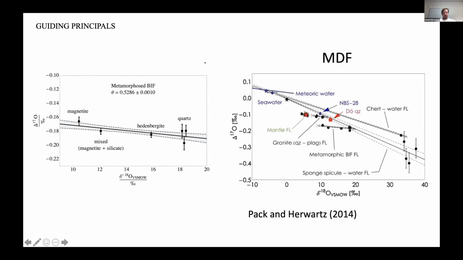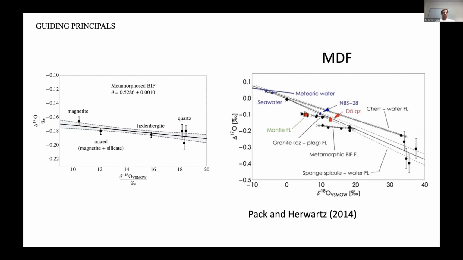You can determine theta values experimentally by, for instance, taking minerals from a rock sample, analyzing them for triple oxygen isotopes, and seeing if they fall on a line. If these minerals are in equilibrium, they should fall on a line corresponding to a theta value which makes sense from theory.